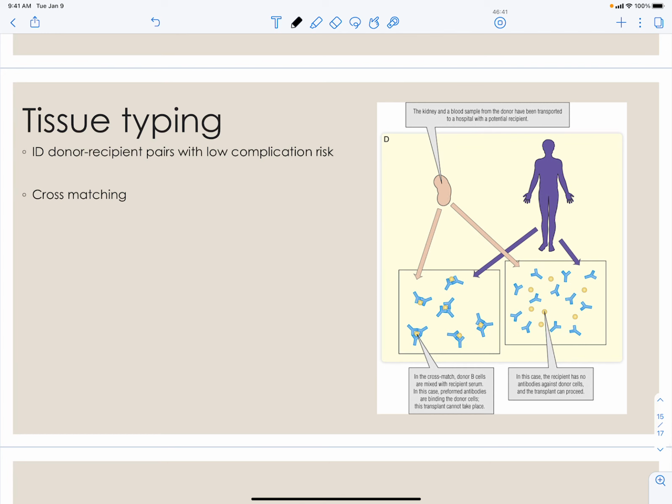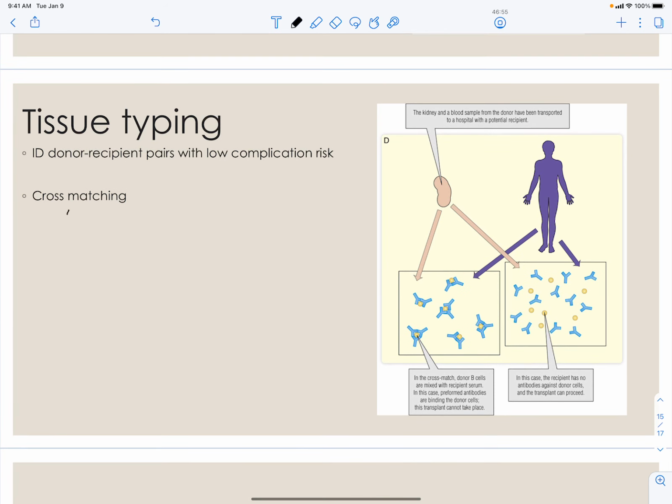Now, cross-matching is going to rule out preformed antibodies against the donor HLA, which could cause hyperacute rejection. So cross-matching is to catch pre-existing antibodies.